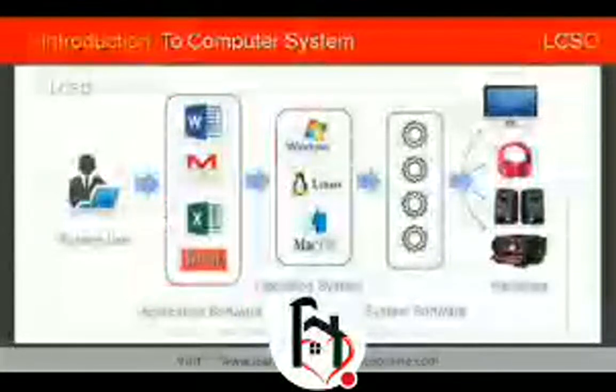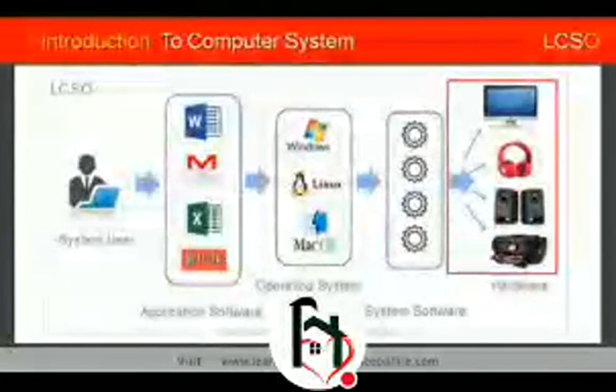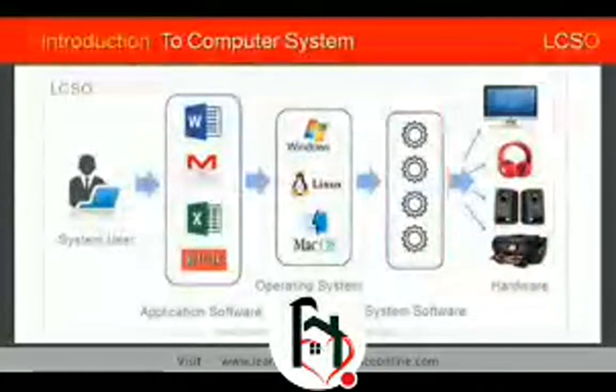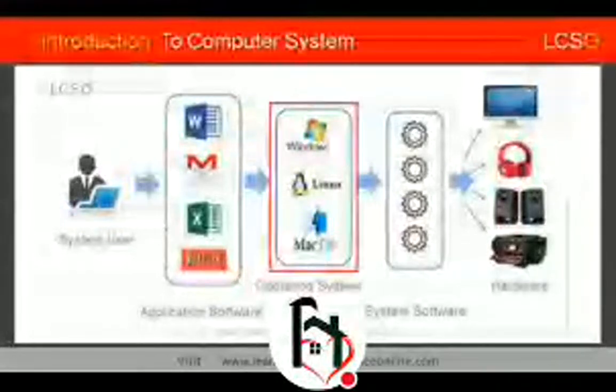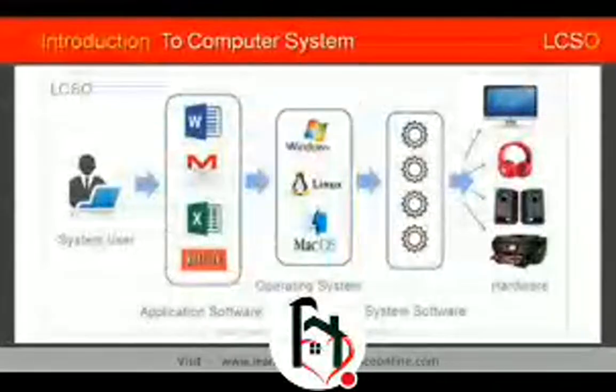The application software is directly used by the system user to perform different tasks on the computer, such as Microsoft Word and PowerPoint, whereas the system software is a special type of software that is internally used by the computer itself to manage and operate the various hardware components connected to the system. The operating system is the most important system software used by the computer. The operating system basically provides an interface to the user to interact with the system.